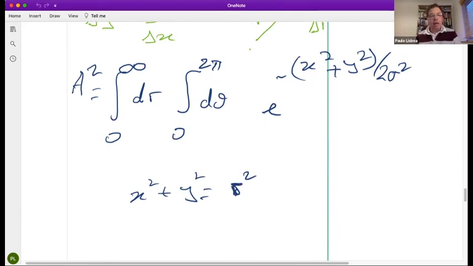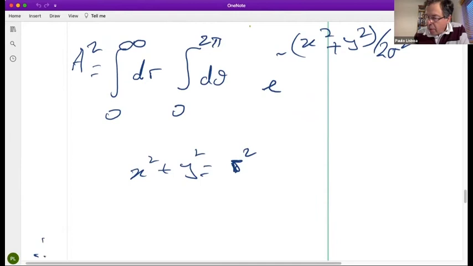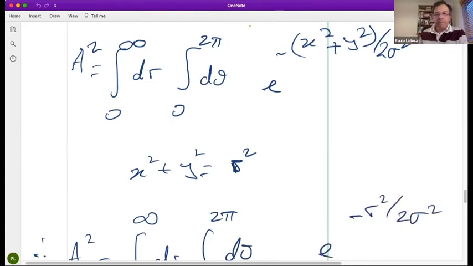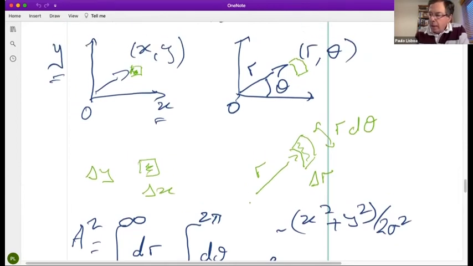Which means that integral can now be written in the magical form: 0 to infinity dr, 0 to 2 pi d theta, e to the minus r squared over twice sigma squared, with one change to my equation. And that change is that, if you remember, the element of area is r d theta, not just d theta, okay?